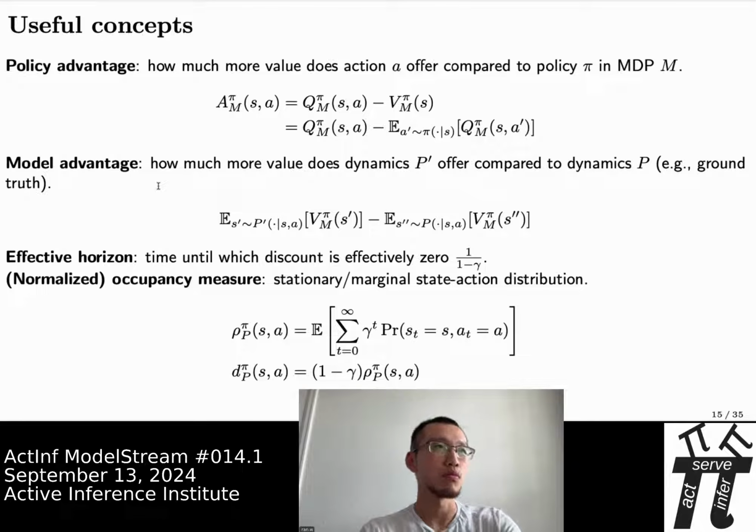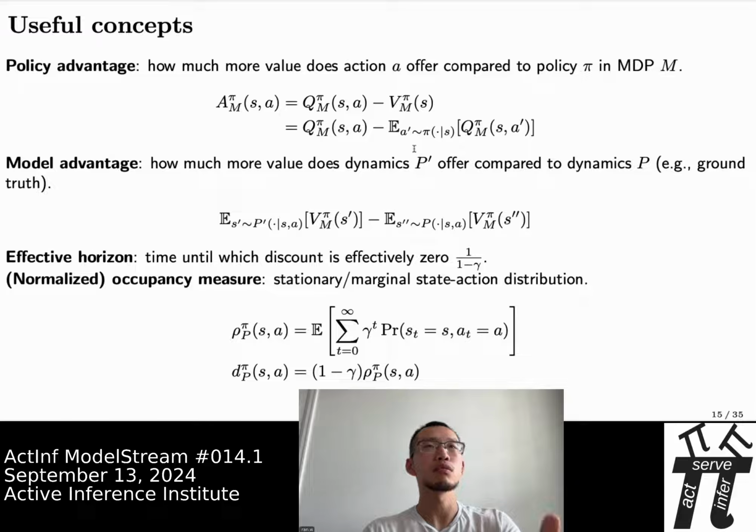The reason I say that is that if you look at the definition of the policy advantage, for example, it's defined as the difference between two value functions. For the first value function, the action is taken from the argument of the advantage function, whereas in the second value function, the action is taken from this policy pi, which is used to define the value function.